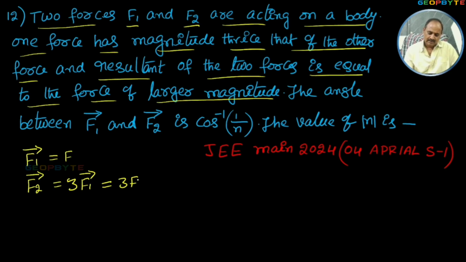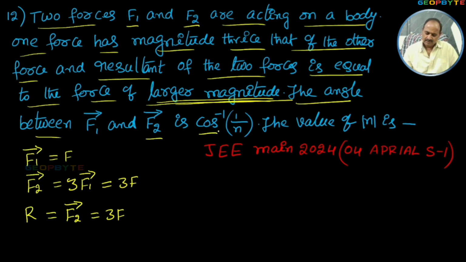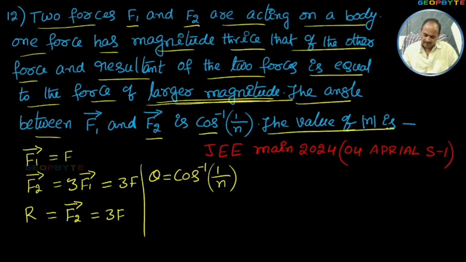Not only F2, the resultant force is also of the larger magnitude. That means the resultant force is also equal to F2 bar, that is equal to 3F. The angle between F1 and F2 is cos inverse 1 by n. Cos theta equal to cos inverse 1 by n. The value of n, the modulus of n value, is how much?